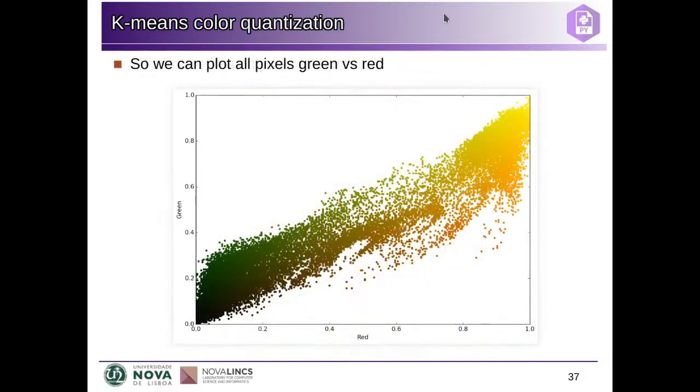So we can read the image and plot the distribution of the pixels into two dimensions. This is the red channel, this is the green channel. Here you have things that are dark green because they have no red and only green. Here you have the yellows because you have a mixture of green and red. Here you have some orange and some pale green and so forth.